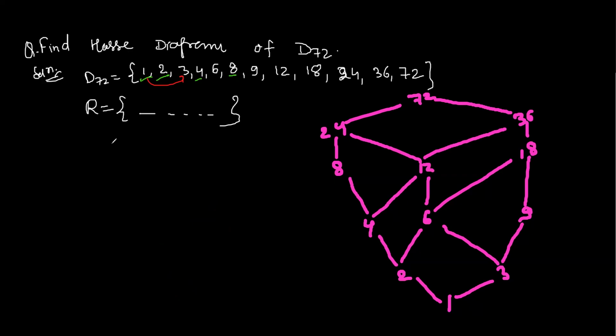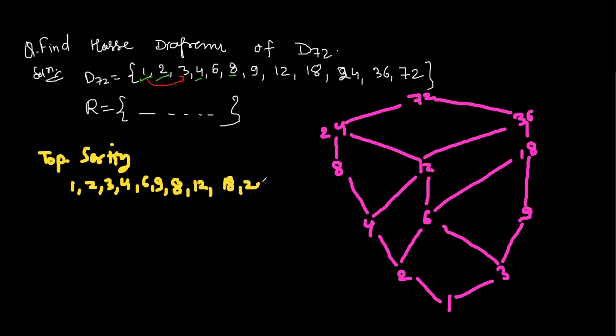What is topological sorting? Sorting them according to their values from base to top. 1, 2, 3, 4, 6, 9, 8, 12, 18, 24, 36, 72. Right?